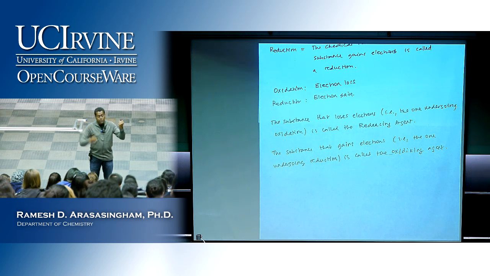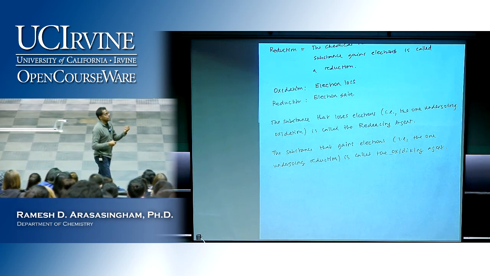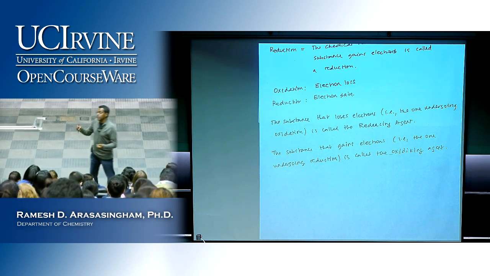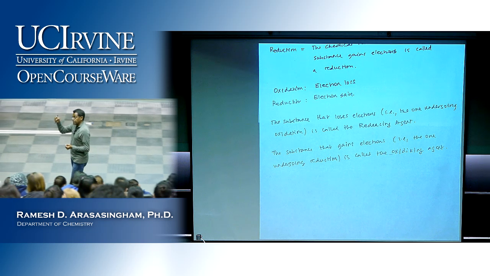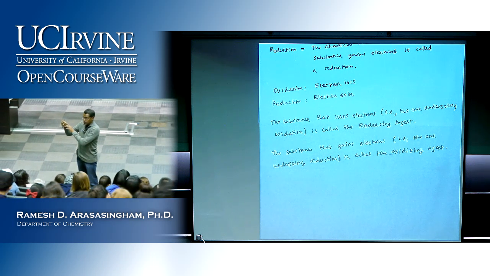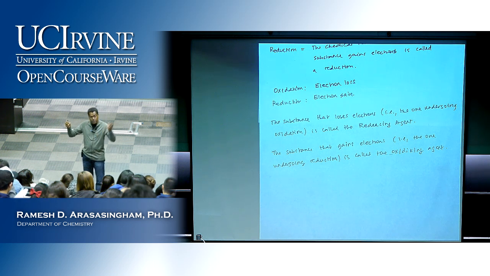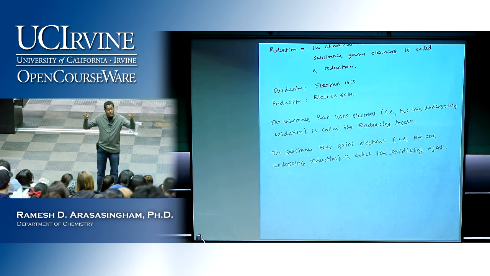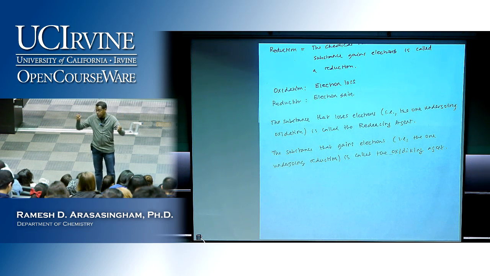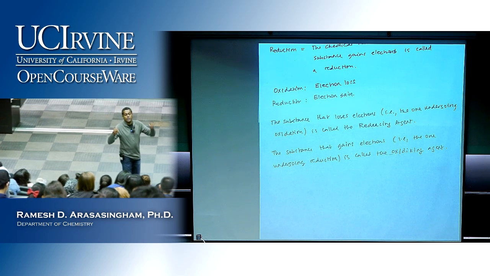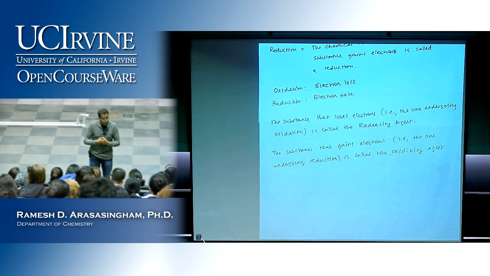Do you understand that? And the one that's undergoing reduction is responsible for the other one undergoing oxidation. If this is undergoing reduction, it's the other one that's being oxidized, all right? And so this is the agent that oxidizes the other. So if it's undergoing reduction, then it is the oxidizing agent, okay?